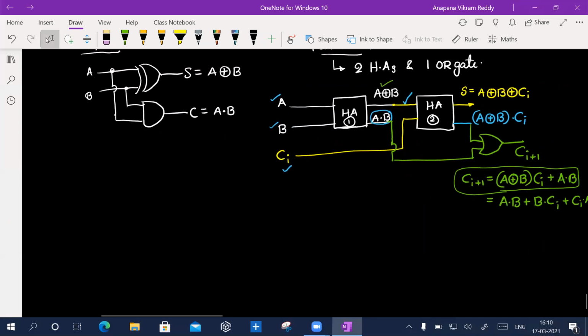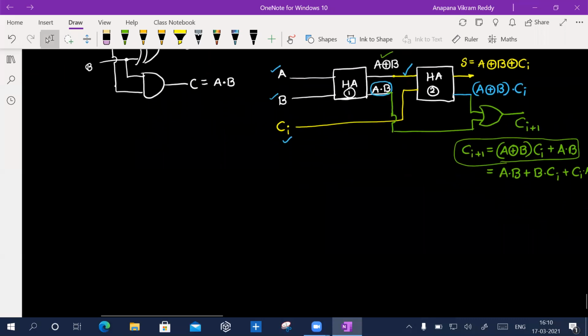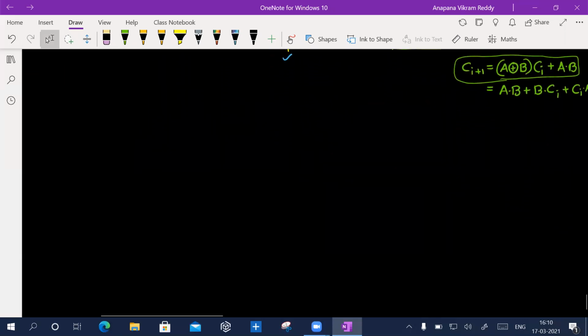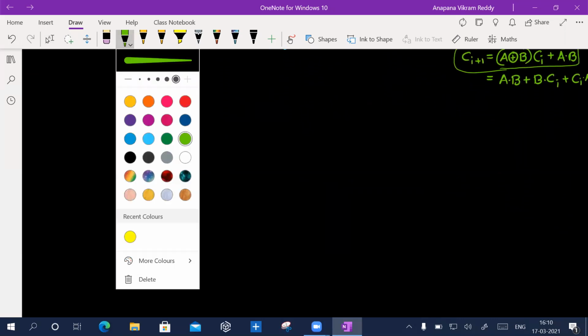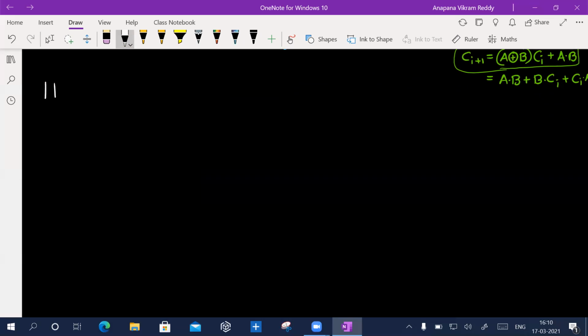Now on similar grounds, can we design a full subtractor? First of all, we will design a half subtractor, then we'll go for the full subtractor. Half subtractor means a one bit subtractor.